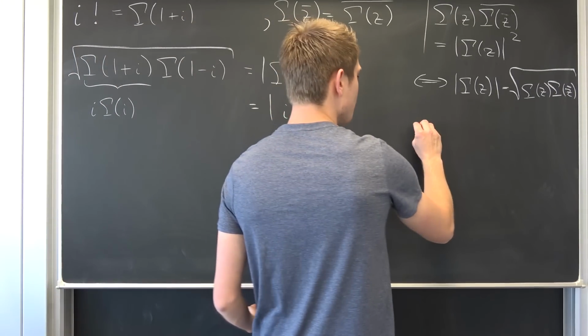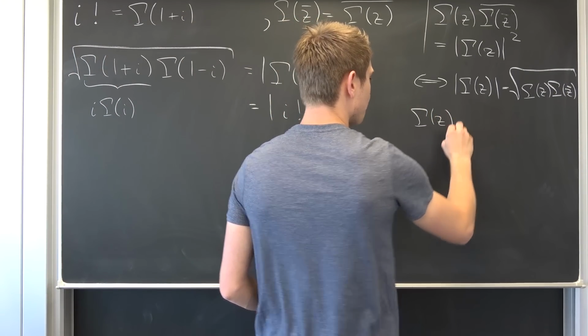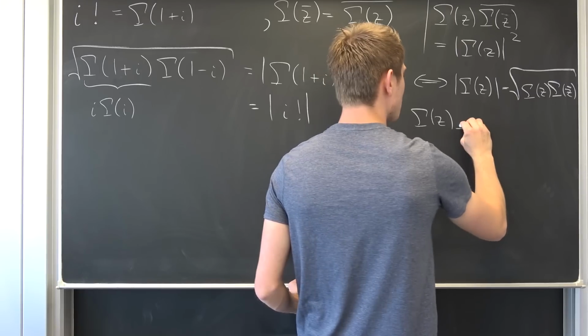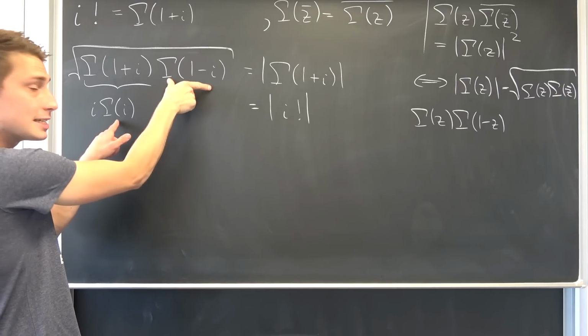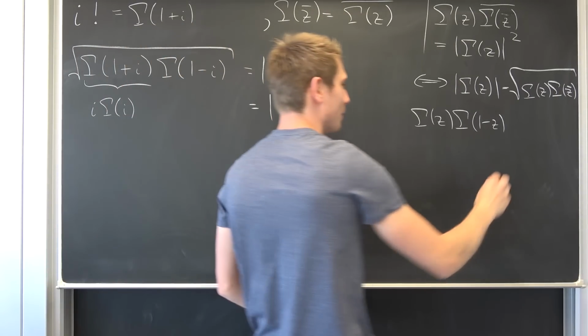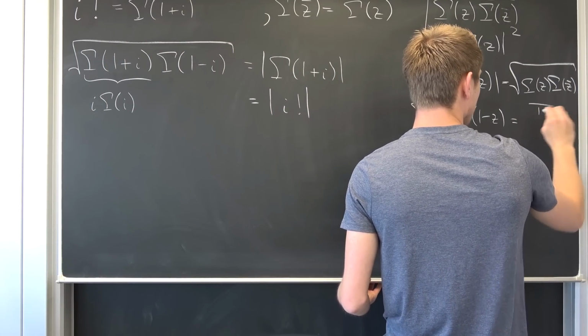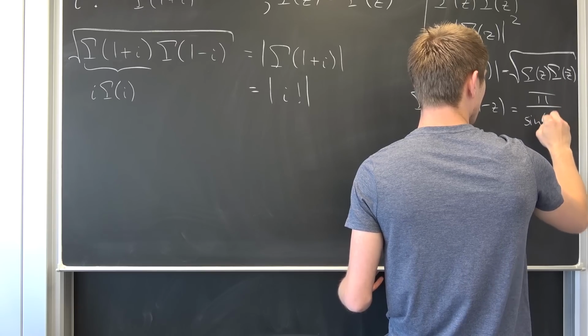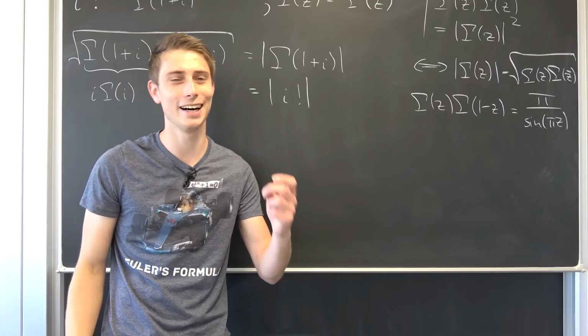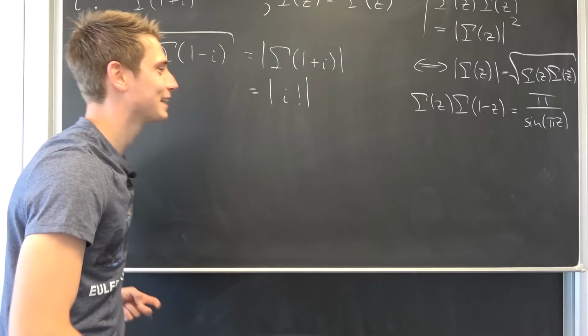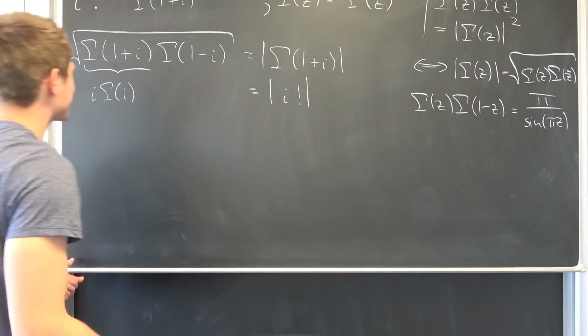I want you guys to remember Euler's reflection formula. If we have gamma of z multiplied with gamma of 1 minus z, this here multiplied together, bear with me, it's going to weigh 2 pi over the sine of pi times z. Oh, my boys, it's so nice.